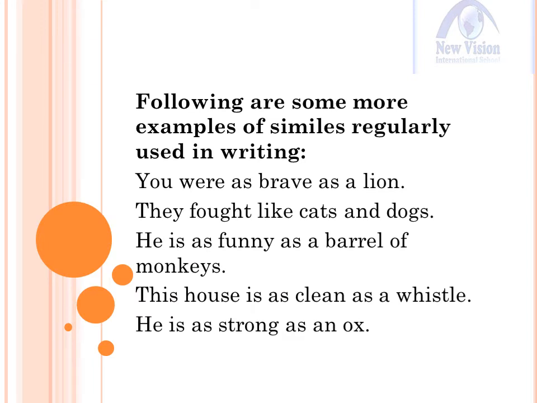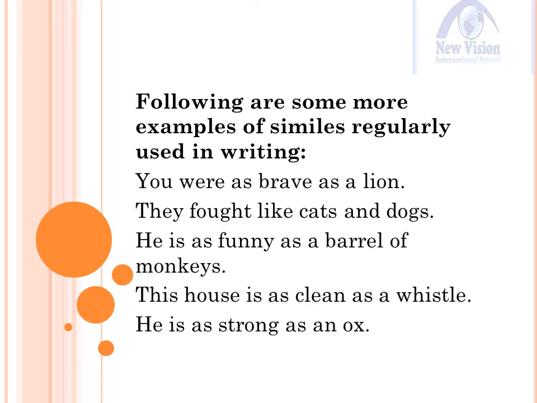The following are some more examples of similes regularly used in writing. You were as brave as a lion. They fought like cats and dogs. He is as funny as a barrel of monkeys. This house is as clean as a whistle.